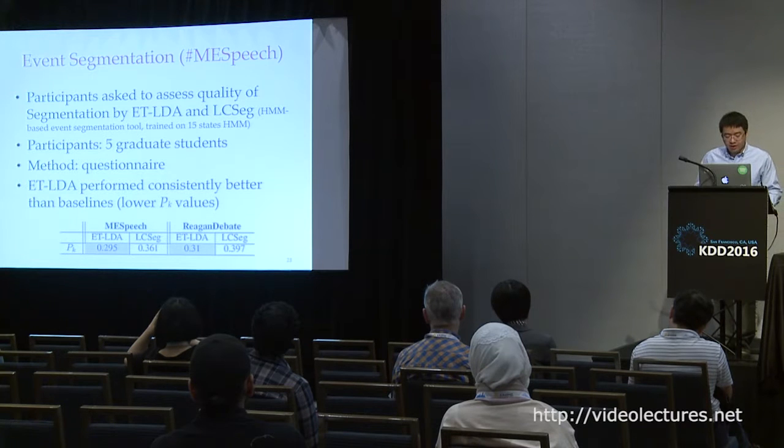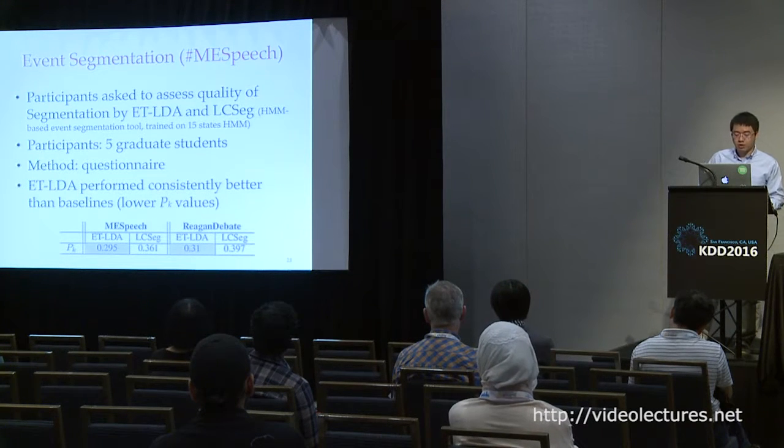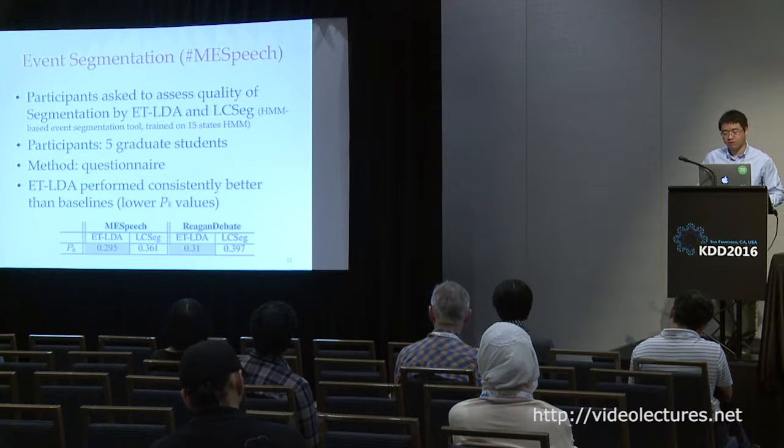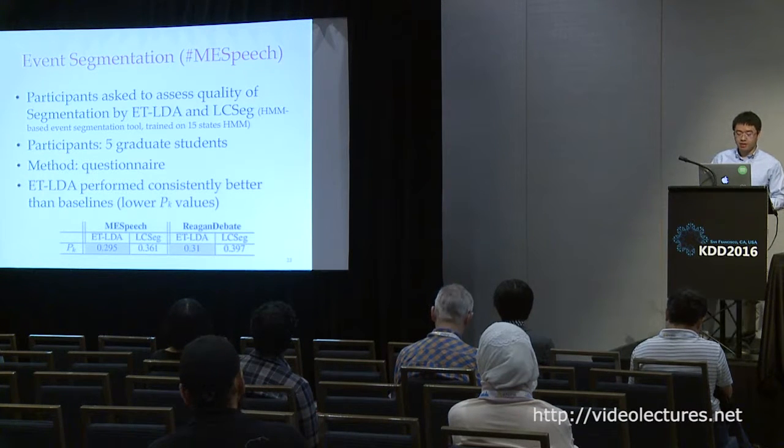And here is also the performance of event segmentation. We compare the event segmentation performance of ETLDA with LC-SEC, which essentially is an HMM-based event segmentation tool. We trained it on a 15-state HMM.